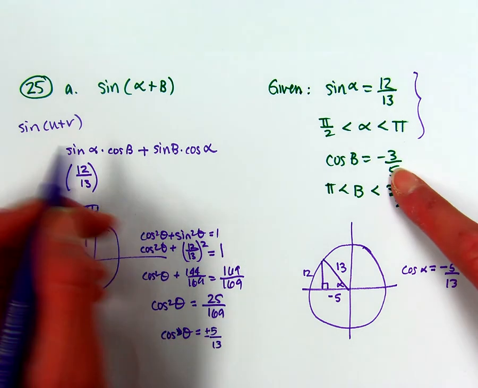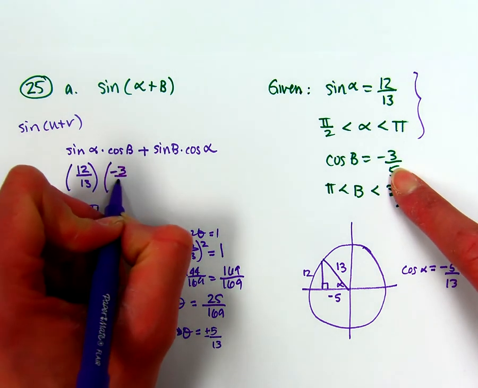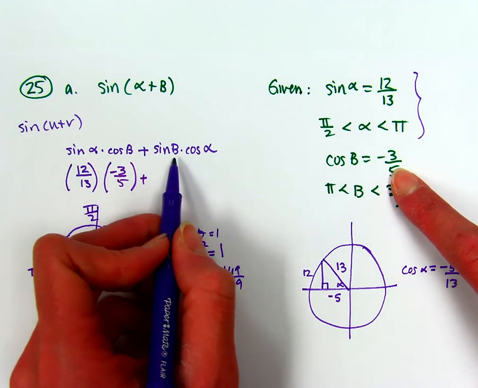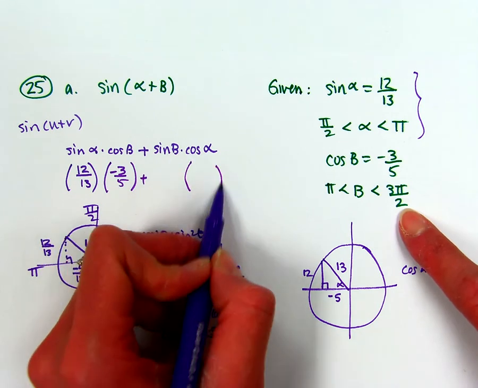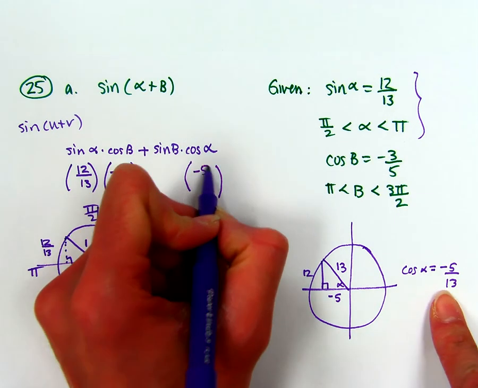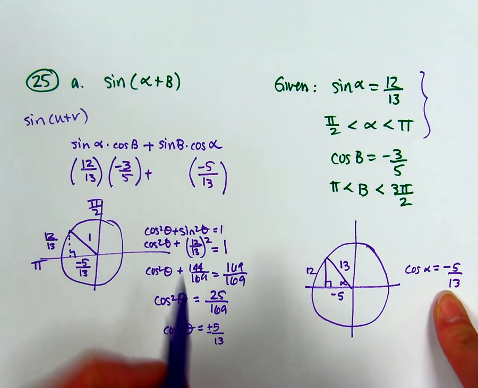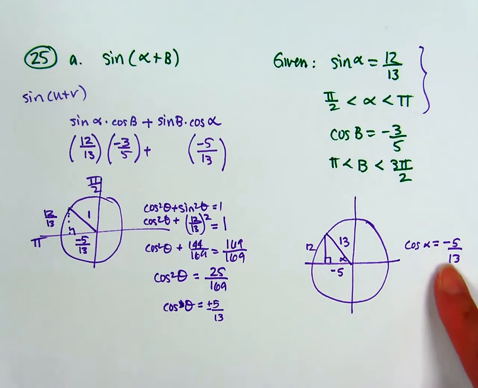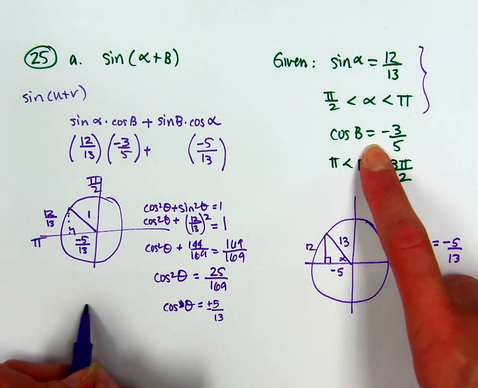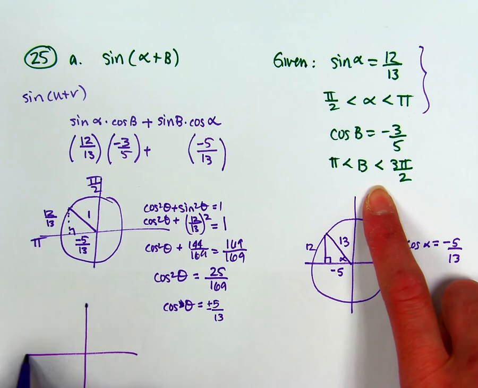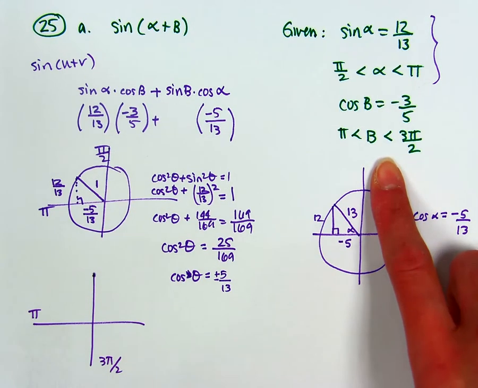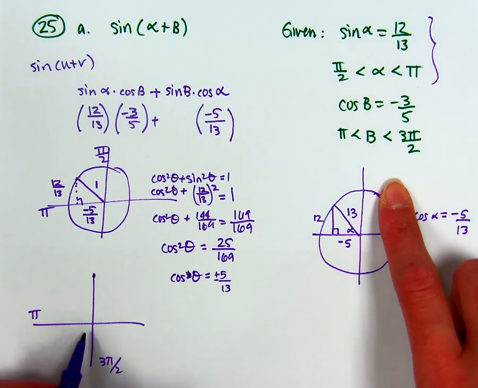All right, cosine of beta we know is negative 3/5. We didn't find sine of beta, but we'll go back to that. And we do know cosine of alpha is negative 5 over 13. So if we want to find sine of beta, you use the same concept. Looking at angle beta, that is between pi and 3 pi over 2. So that's in quadrant 3. And since it's in quadrant 3, we know that our x and y coordinates are negative.